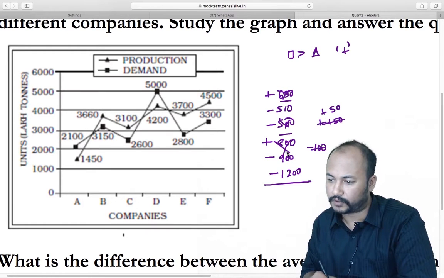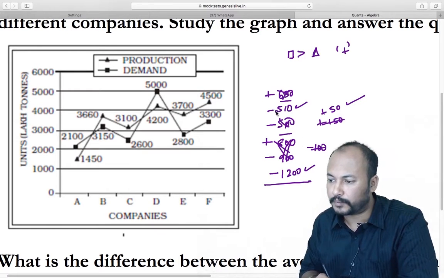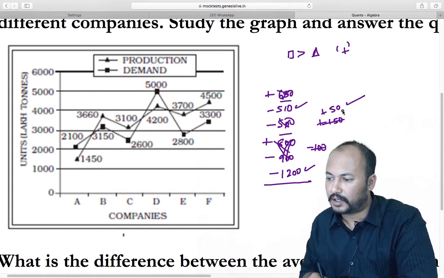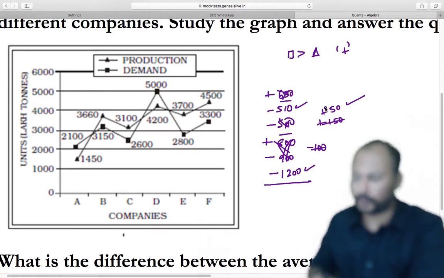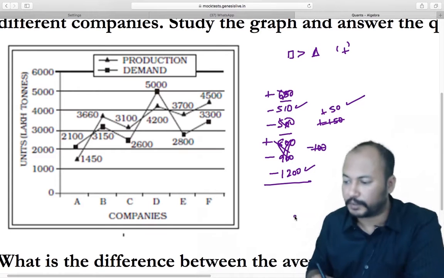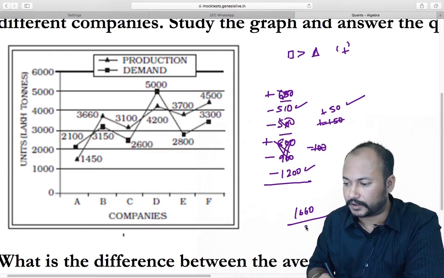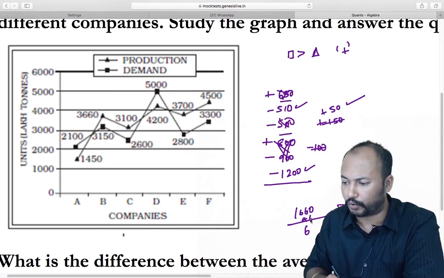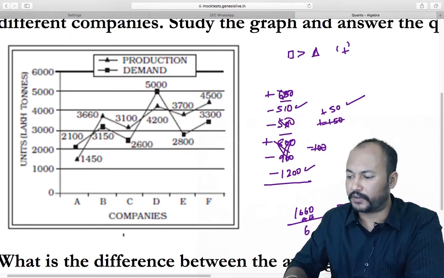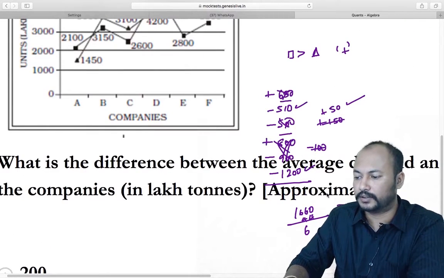So now I'm left with this, this and this. 1200 and 510, 1710, and 50 subtraction. 1710 minus 50 is going to be 1660, divided by 6. 6 2s are 12, and then 6 7s are 42, so 276 point something. That is approximately 275, which is what they have asked. Clear?